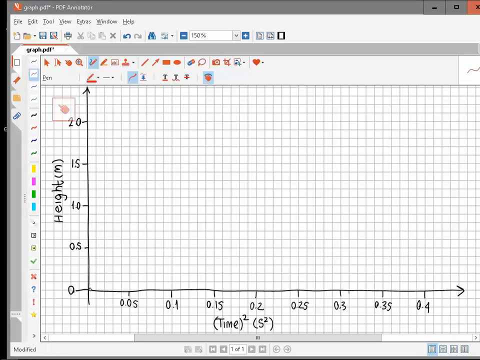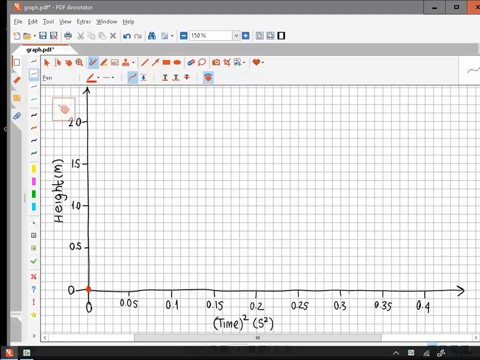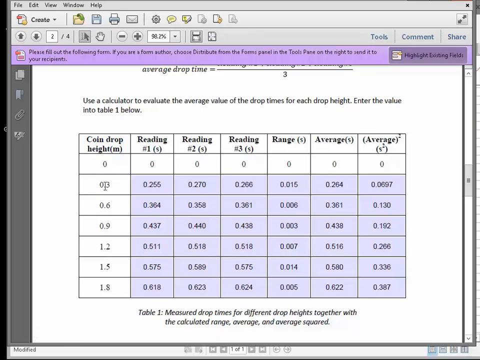Our first data point is 0, 0. Our second data point is 0.3 and 0.07.